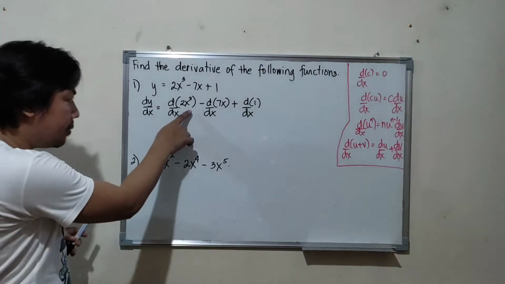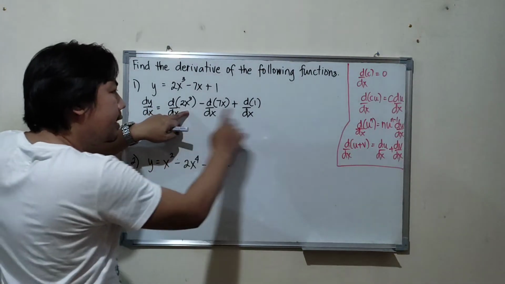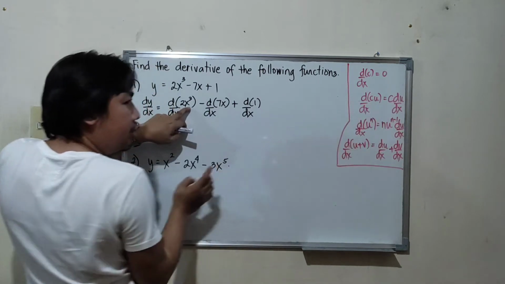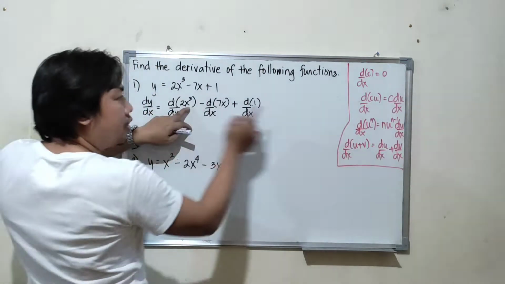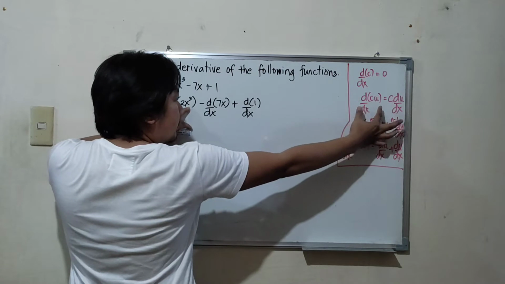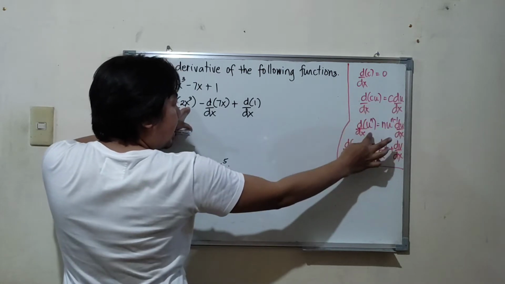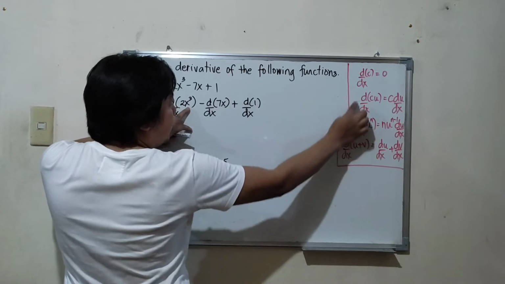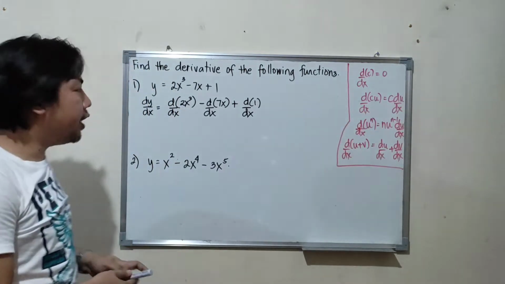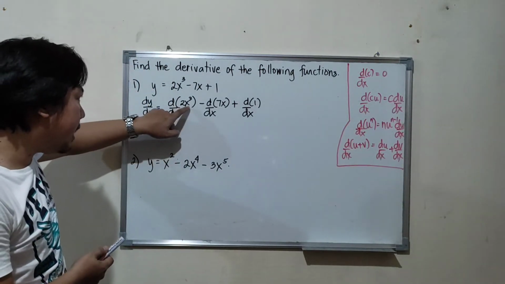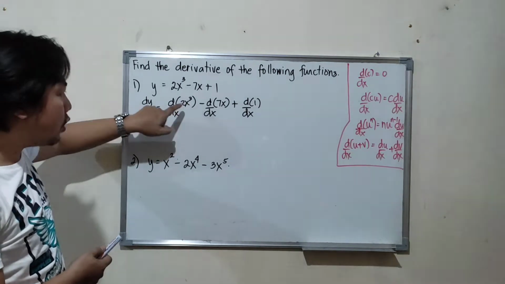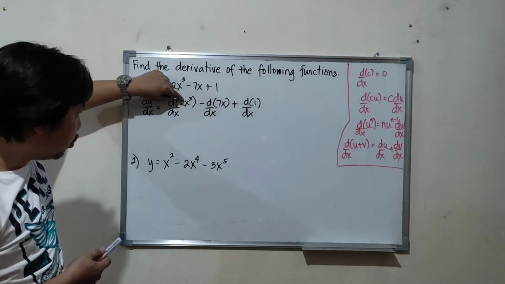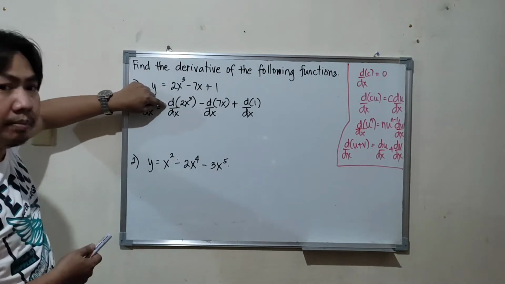So for this term, we can apply derivative of constant times u, with u being x cubed. So this is a combination of this constant times u and then may exponent, so u to the n. Combination of these two formulas. Okay? So if there is a constant and then a function of x, we can move the constant 2 outside the derivative symbol.